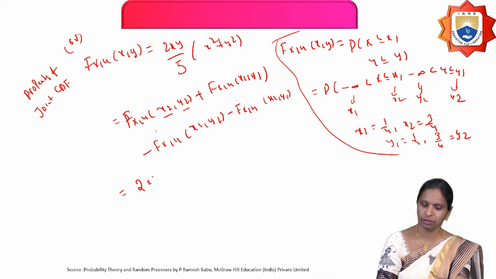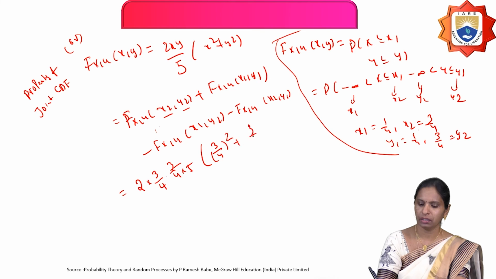So 2 into 3 by 4 into 3 by 4 into 5, into x square plus y square, so x2 square plus y2 square, that is 3 by 4 square plus 3 by 4 square.